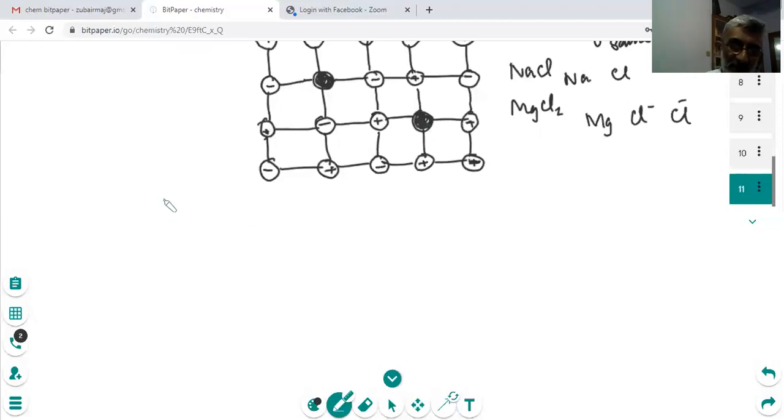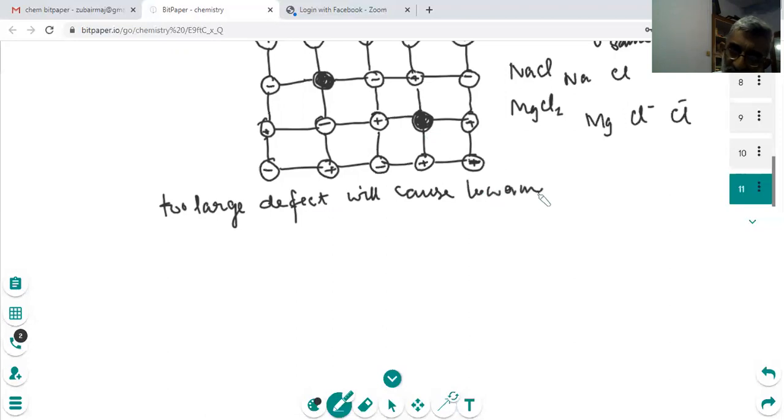Too many large defects will cause lowering of density. The material will become less dense.